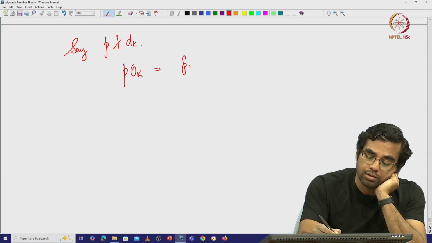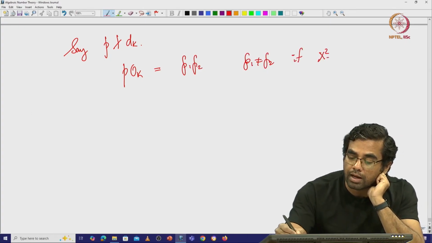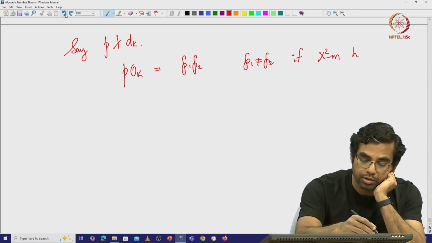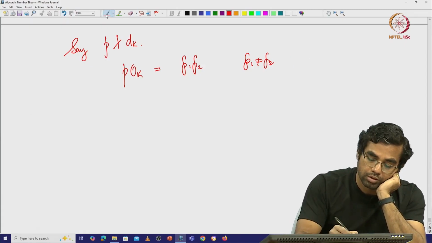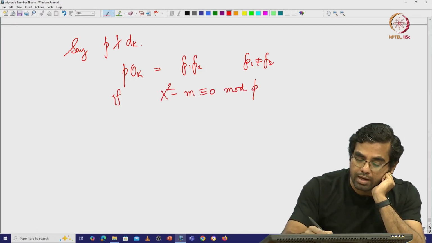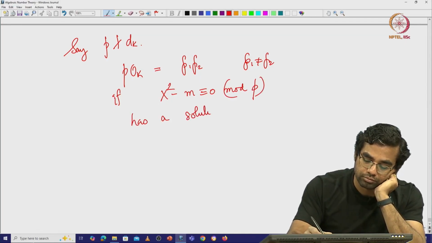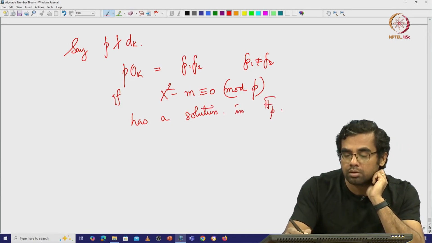It is P1 times P2, with P1 not equal to P2, if x squared minus m congruent to 0 mod P has a solution in F_p.